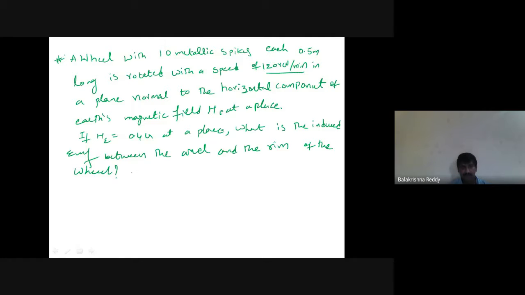Here we know that 1 Gauss equals 10 to the power of minus 4 Tesla.